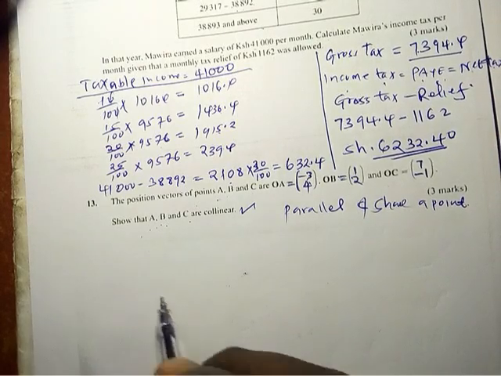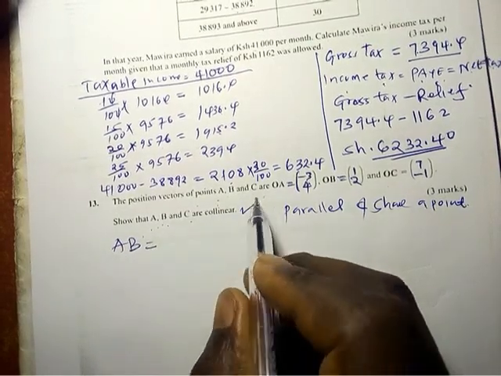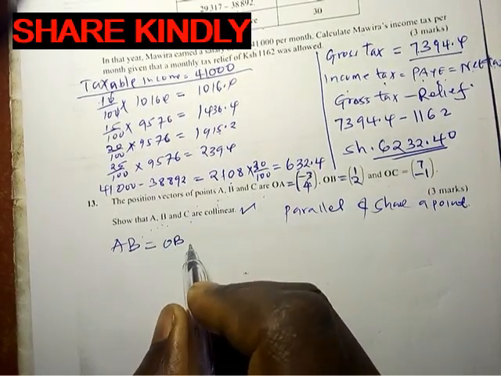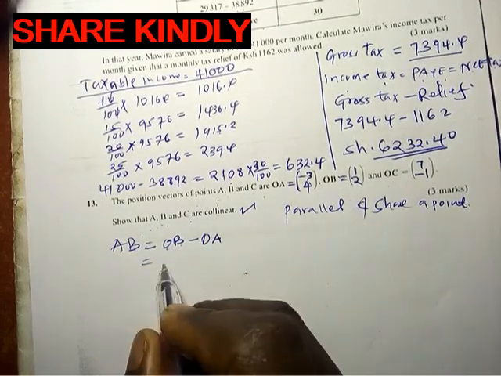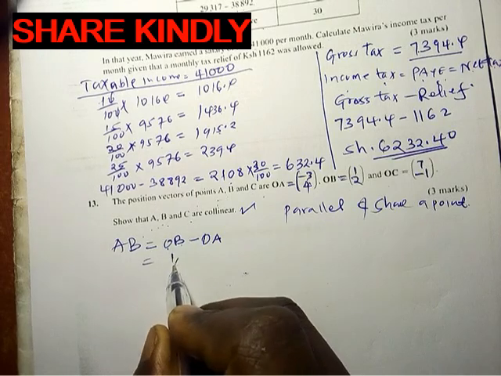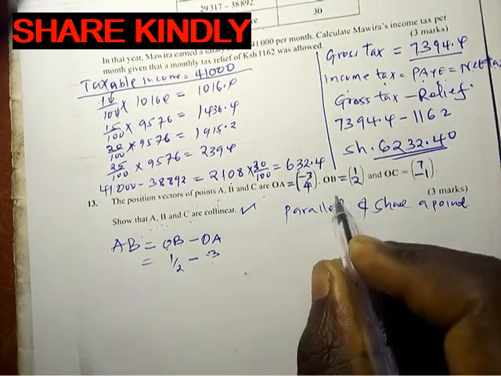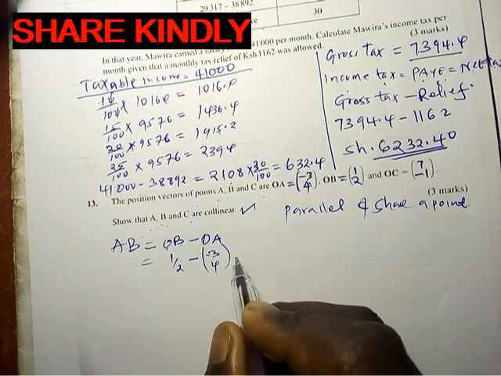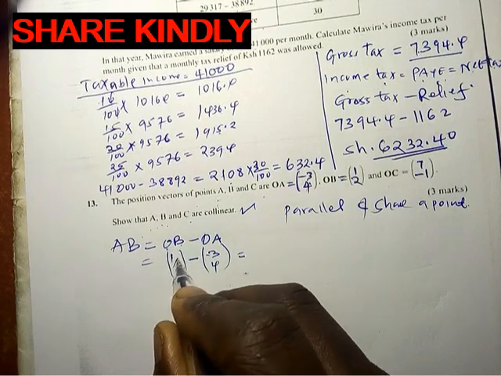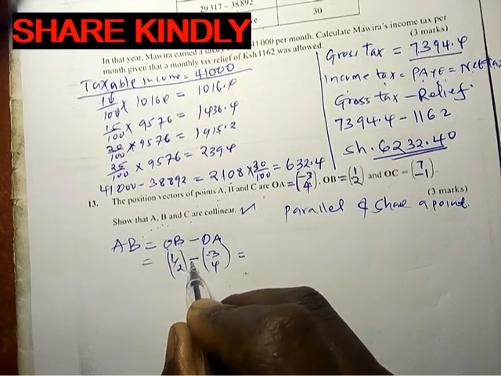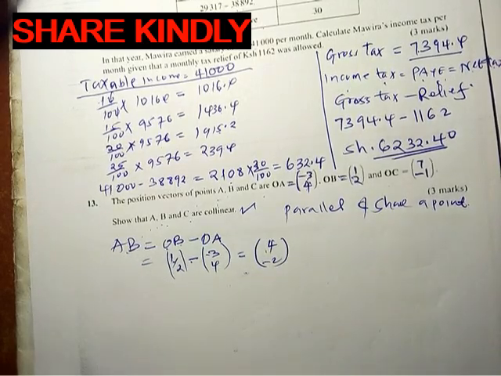So now we get AB. How do you get AB? AB equal to OB minus OA, which is OB is a half minus -3, 4. And this one will give us 1 minus 4, -2. So AB we have got is that.